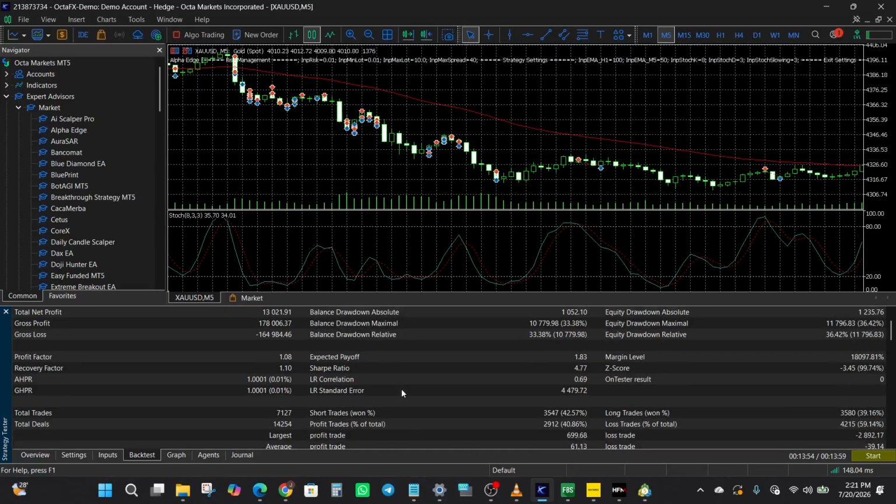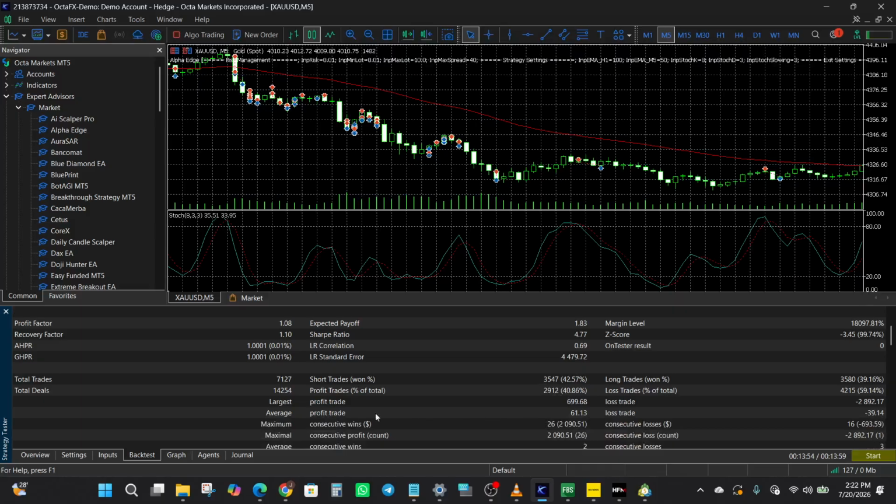Okay, so from this back test, we can see that the total trades taken were 7,127 over the period of the back testing, and we had a win rate of just 40.86%. All right, the average profit was 61.13, while the average loss was 39.14. So the average profit was bigger than the average loss.